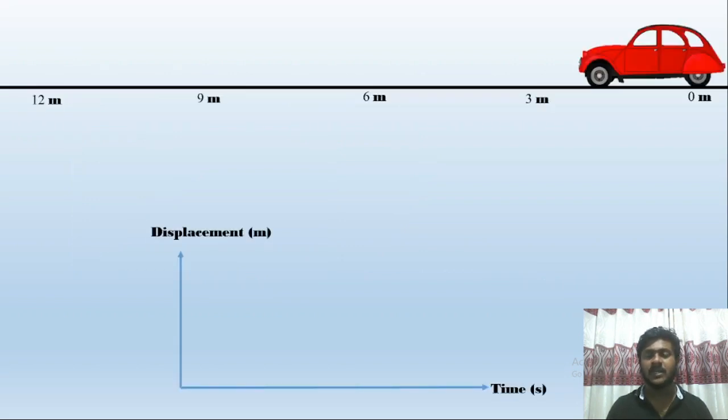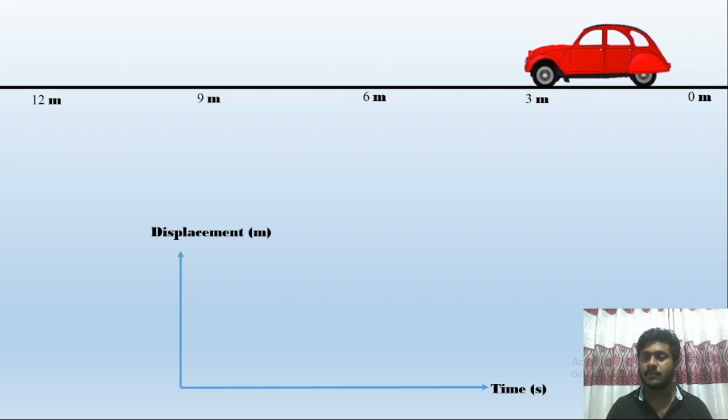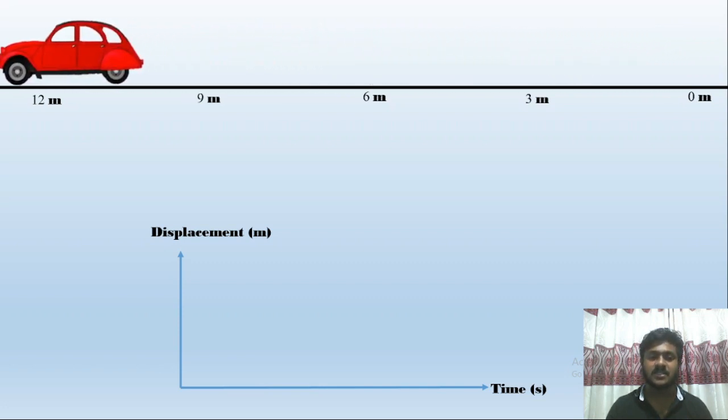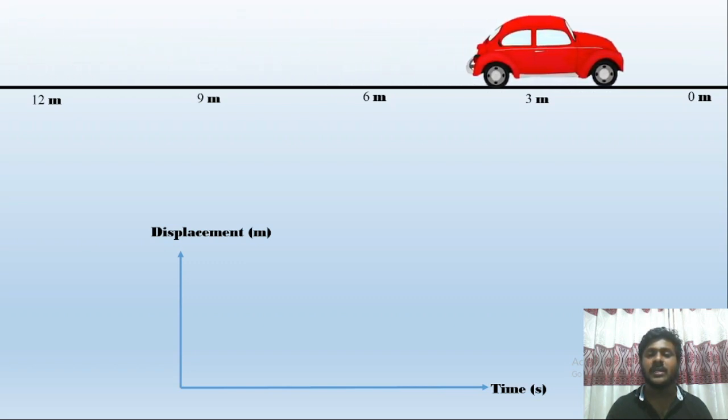This car moves along a straight line 12 meters in the positive direction and then it moves back opposite to the initial direction. The object moves 3 meters in each second and then it turns back and moves to the initial position.